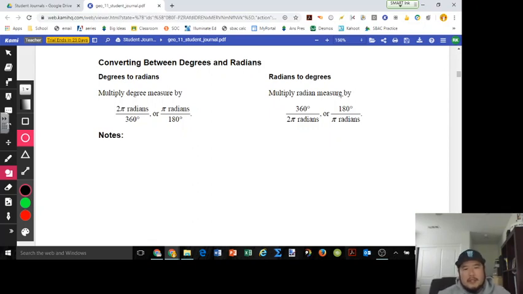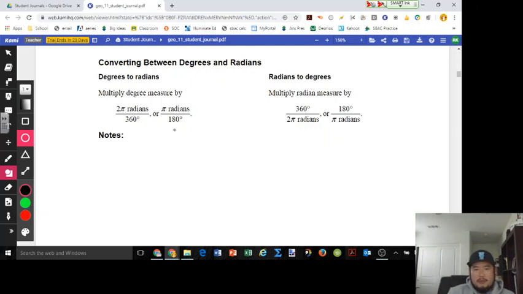The last part of this lesson is converting from degrees to radians, and radians to degrees. It's a very simple calculation. To go from degrees to radians, you multiply whatever you have. Let's say I have 100 degrees, I would multiply it by 2 pi over 360, or you could multiply it by pi over 180.